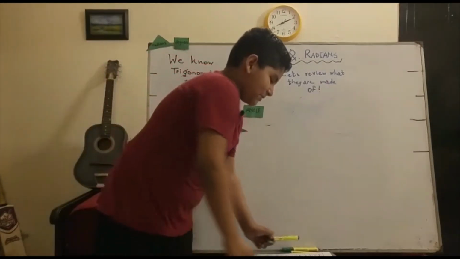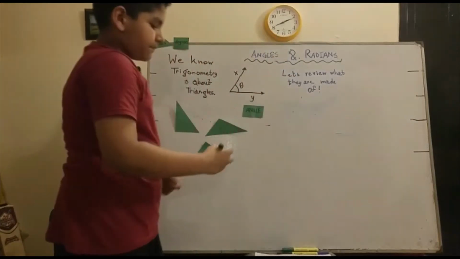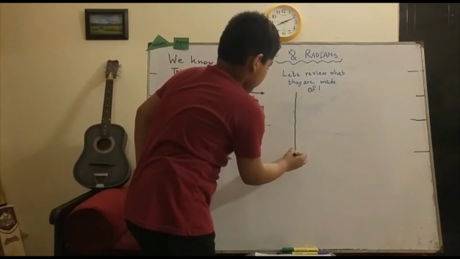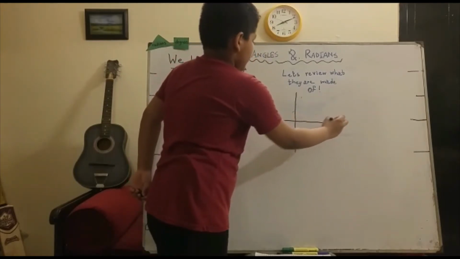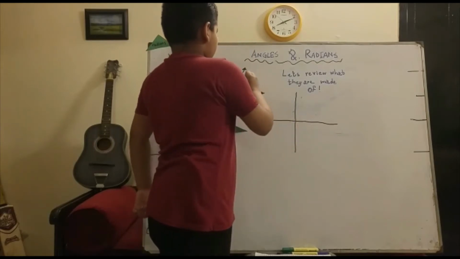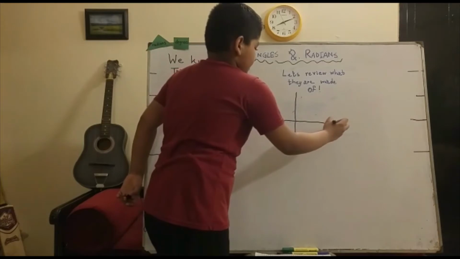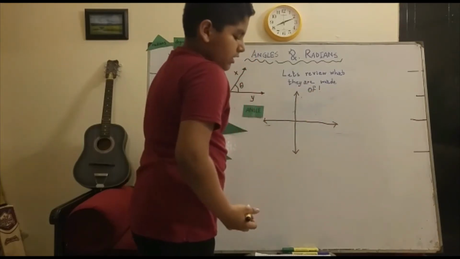So we have been seeing this about angles. Let's see some stuff. Now, an unknown angle can be represented by the Greek letter theta. We saw that in my last trigonometry video.